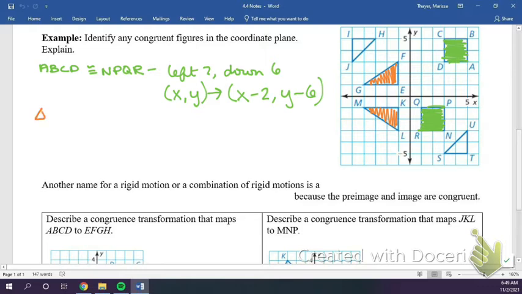So I'm going to say triangle FEG is congruent to triangle LKM. How are they congruent? So what kind of transformation is happening? This one, it's reflecting over the x-axis.